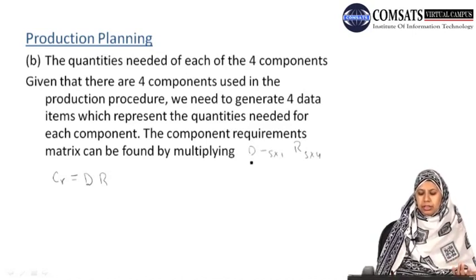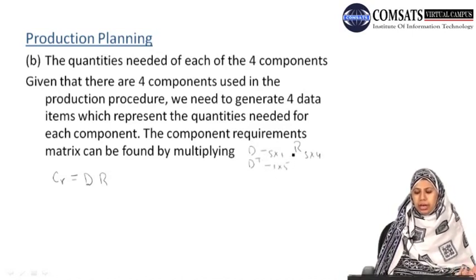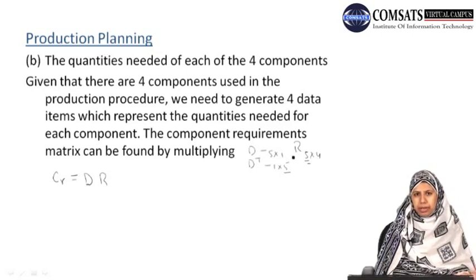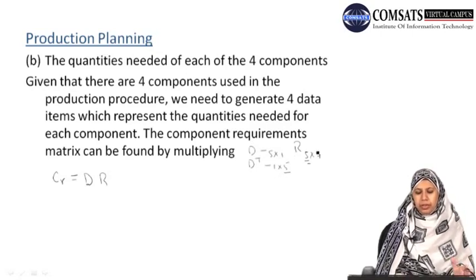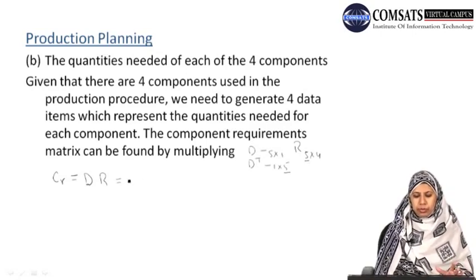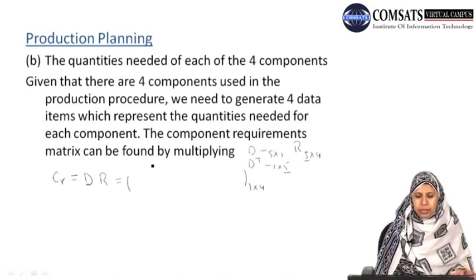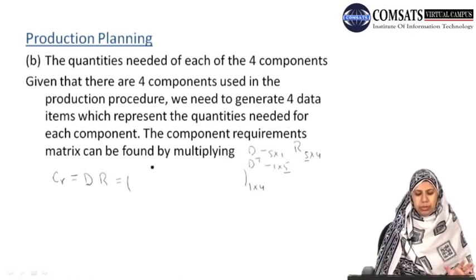But if we take the transpose of our matrix D, the order of that matrix will be 1 by 5, and the order of our matrix R is 5 by 4, which means that now these two matrices are compatible for multiplication, and our resultant matrix will be a row matrix of 1 row and 4 columns, where each column represents the quantities required for each component.